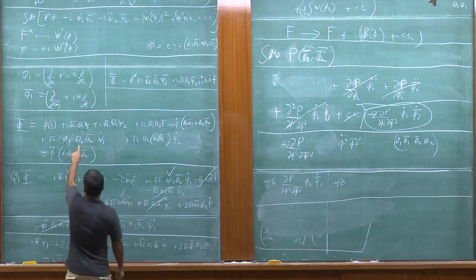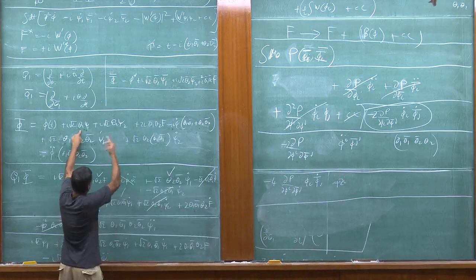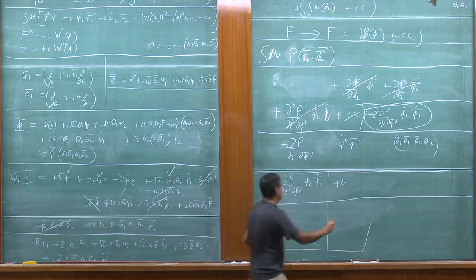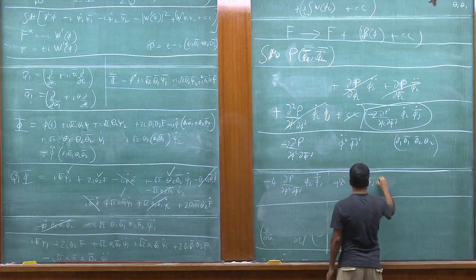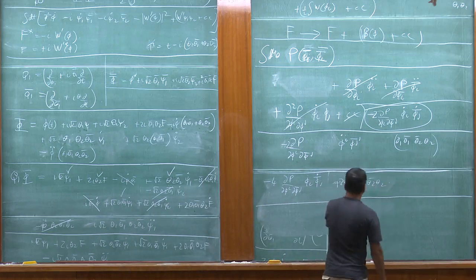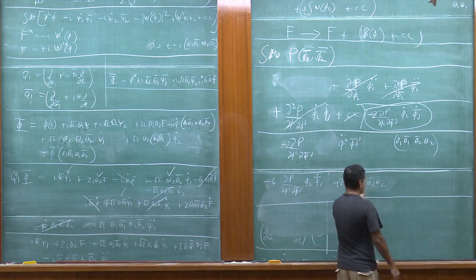We will get 1 term here, and then we'll take the other term as well. So 1 term here is theta 1 bar, theta 2 bar, theta 2. Okay, so this is plus sign.